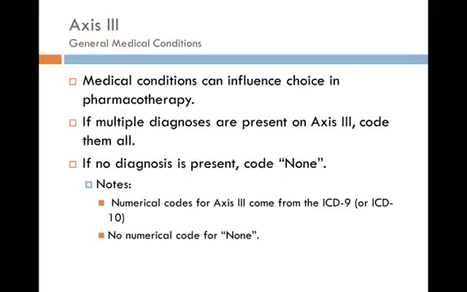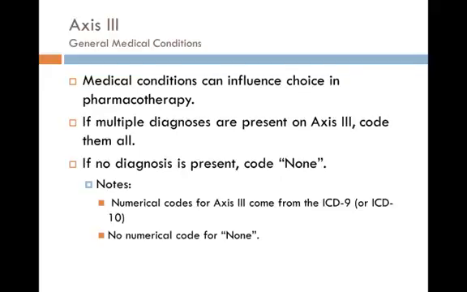It also has important information as it relates to coding what the person's diagnostic issues are. So if multiple diagnoses are present on Axis 3, you would want to make sure that you code all of the different medical conditions that are relevant.